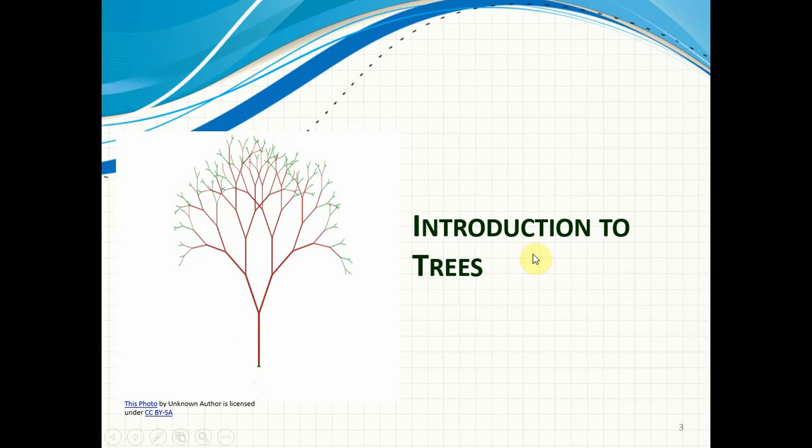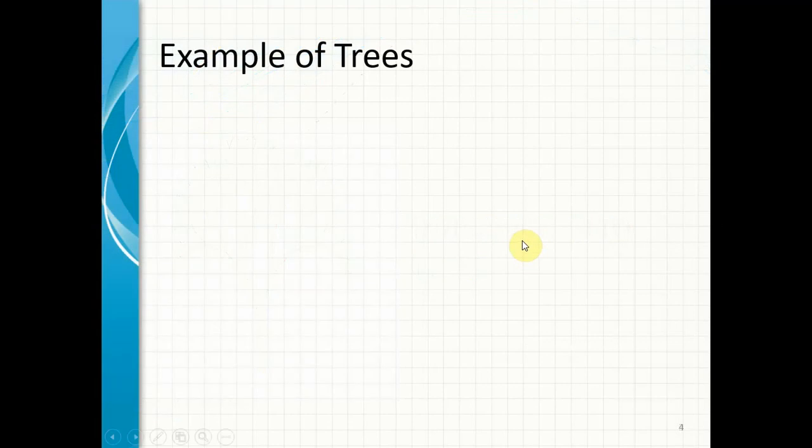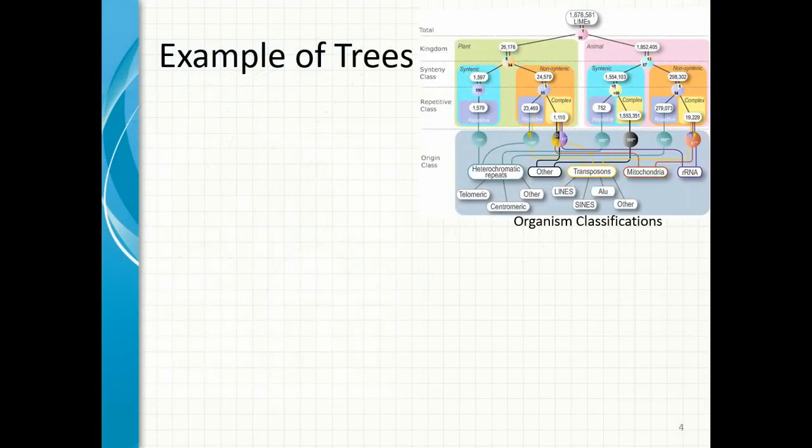So when we look at the usage, trees actually have different applications, just like in the classification of organisms or the animal kingdom. We can see that there are many branches stemming from the root, going two ways, or even several ways.